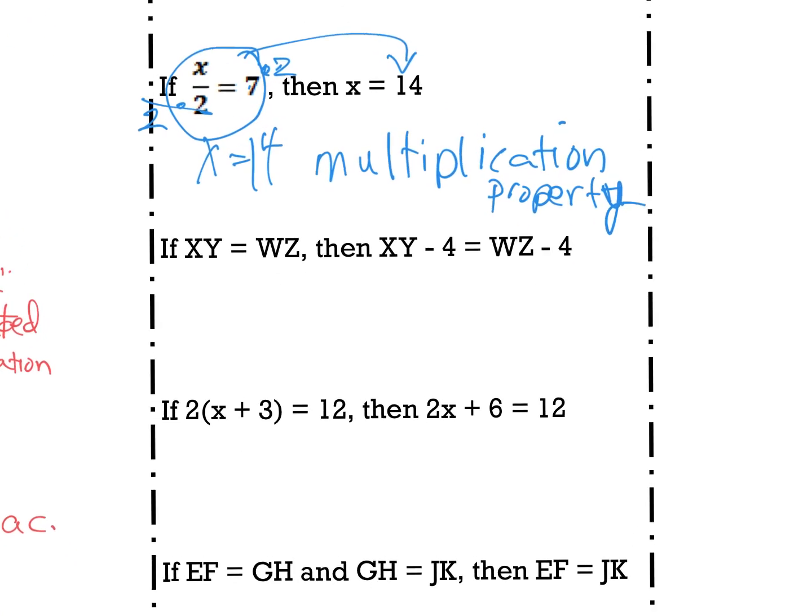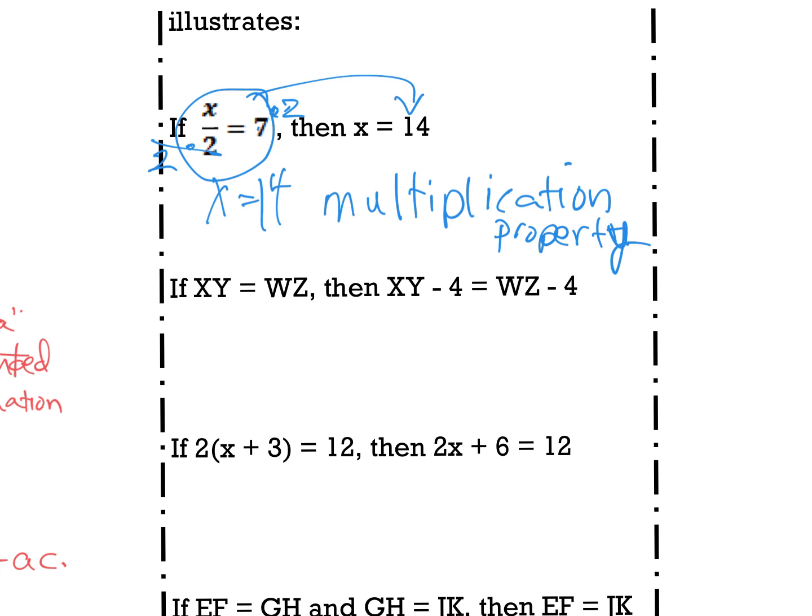All right, so let's look at the next one. So what's the change from here to right here? What changed in both of them? You're subtracting 4. So what's happening? Subtraction property.